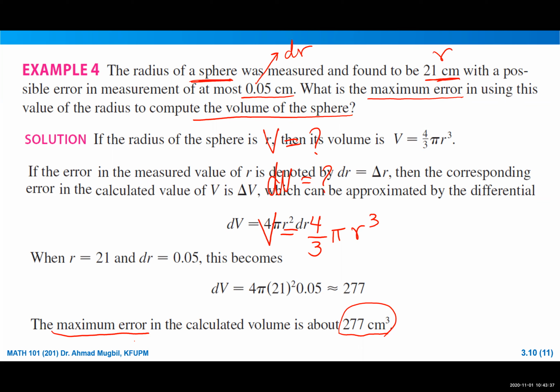Because, Shabab, it is clearly, for example, 21 plus 0.05, more or less. If dV is negative, it will be less. So this is the maximum error that we could have.